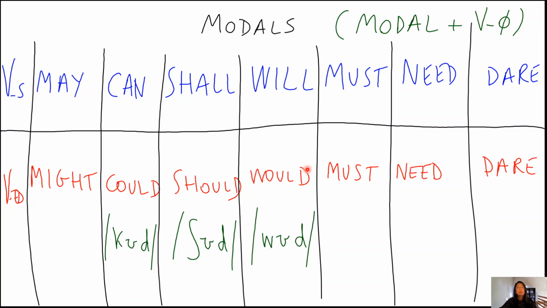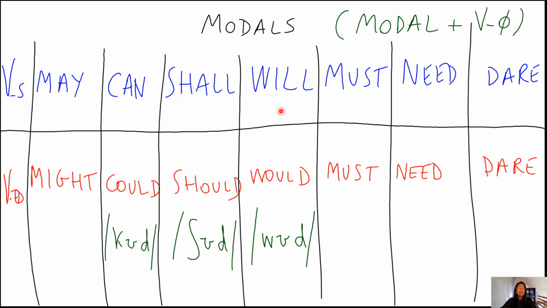Also important to point out is the fact that will is a modal in the present tense. And this modal is used to express the idea of probability. And of course, when you say that something is probable, it means that it will probably happen in the future. Hence the confusion between the idea of something that is future and something that is probable.